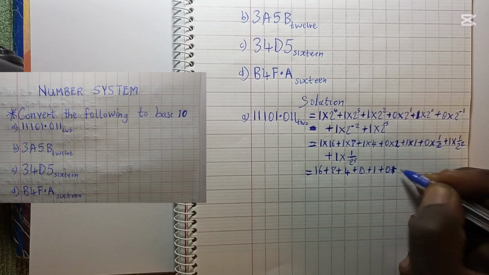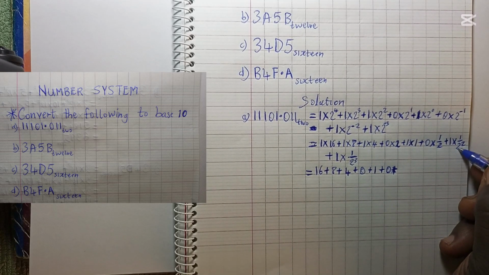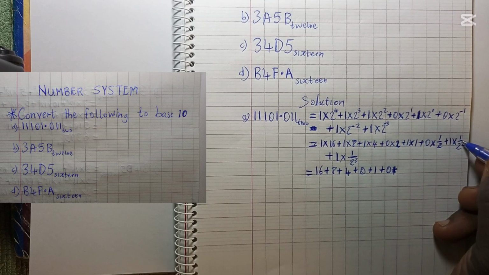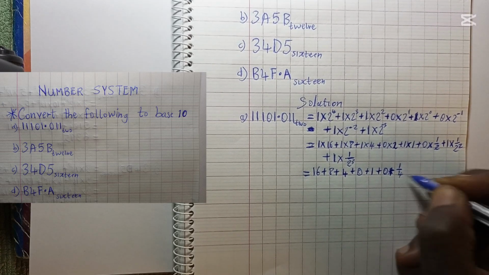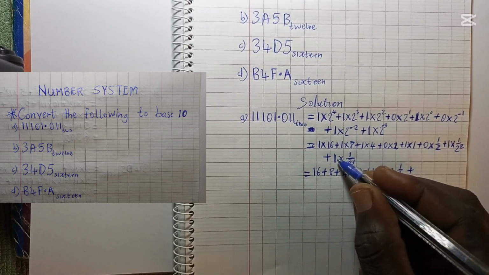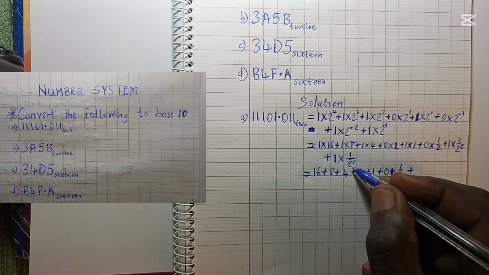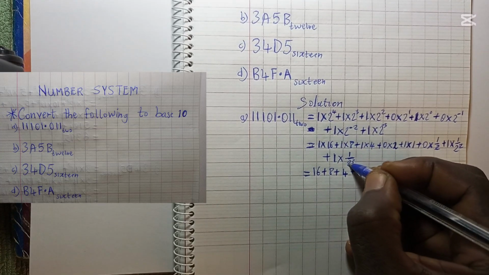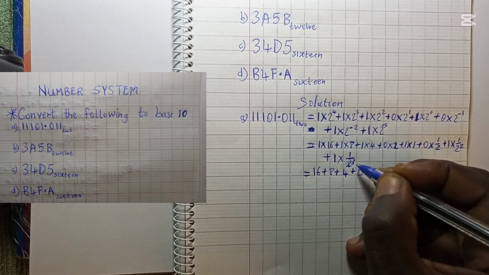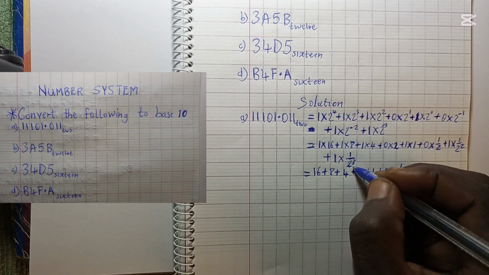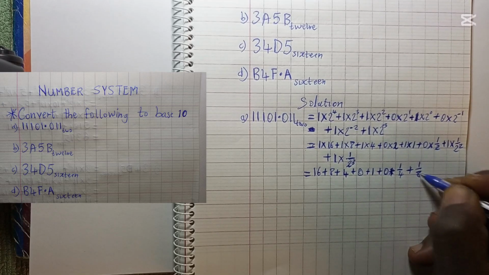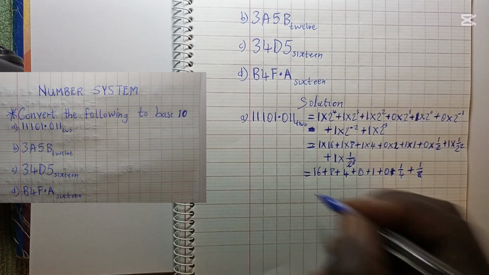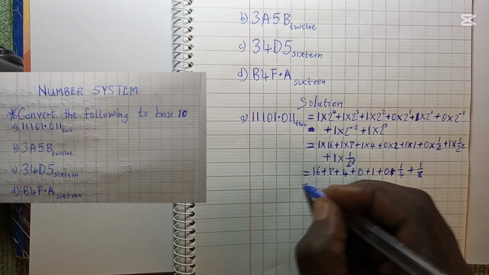Then plus 1 times 1 over 2 raised to power 2, which is 4, so we have 1 times 1 over 4, that is 1 over 4. Then plus 1 times 1 over 2 raised to power 3, that will give us 1 over 8.